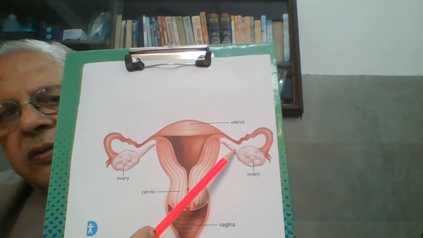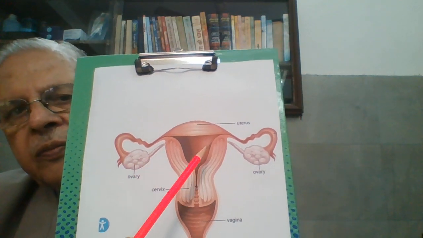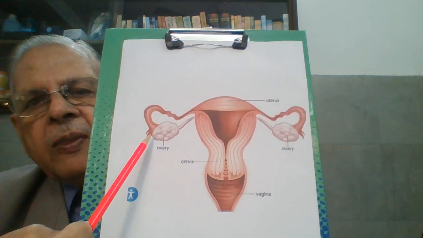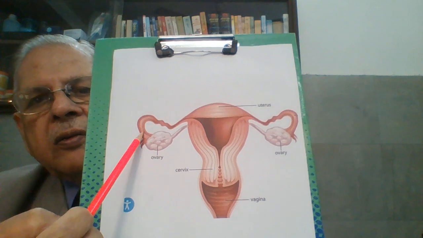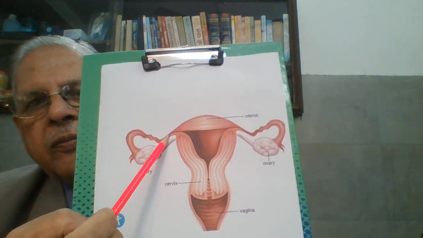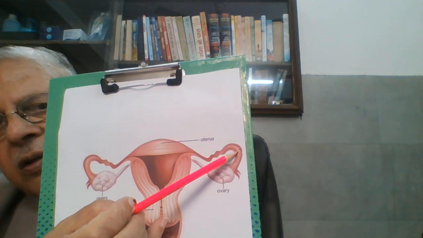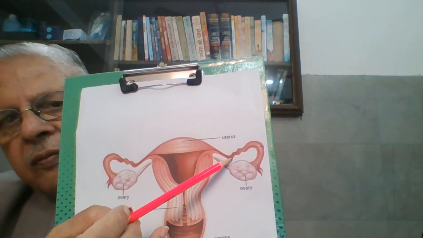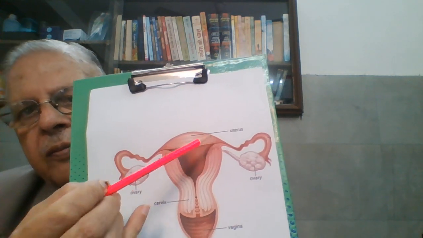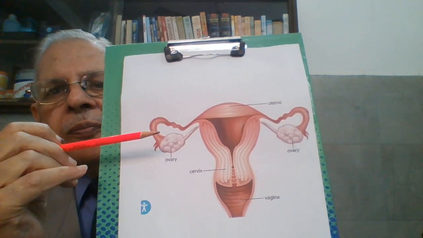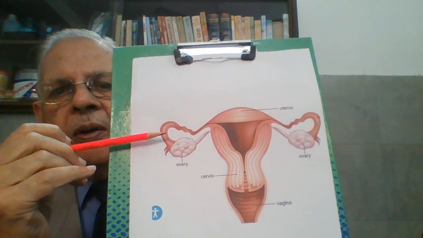These are supported by certain ligaments here, and at the end of this there is a tube going like this way, and from this side it is going like this here, and this is called fallopian tube or uterine tube.